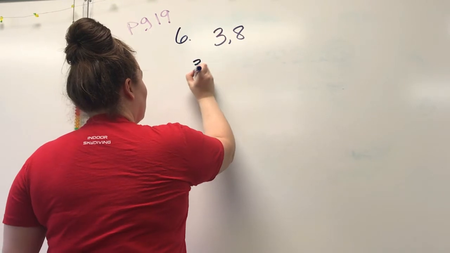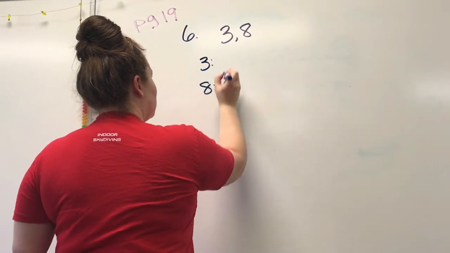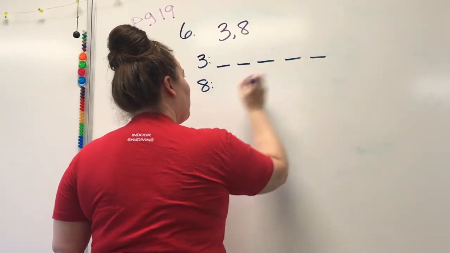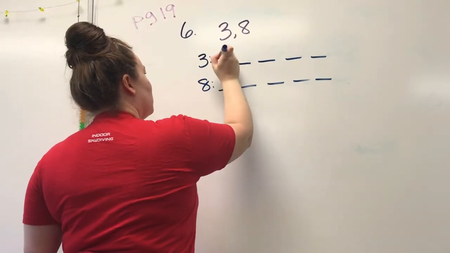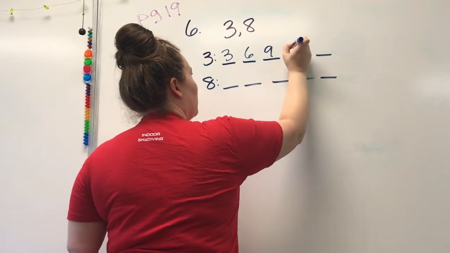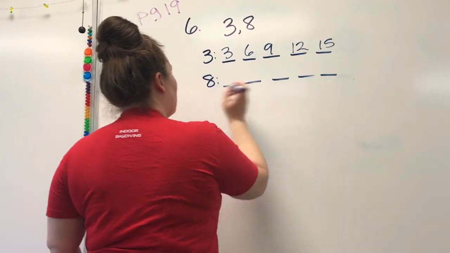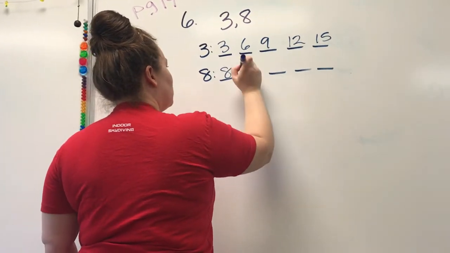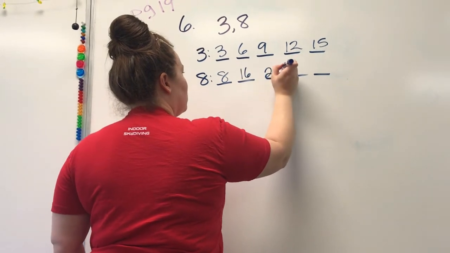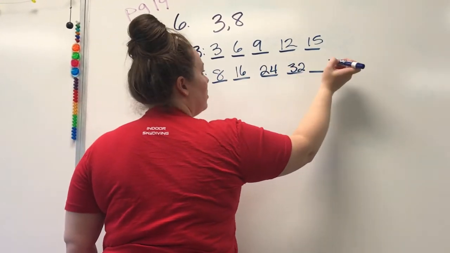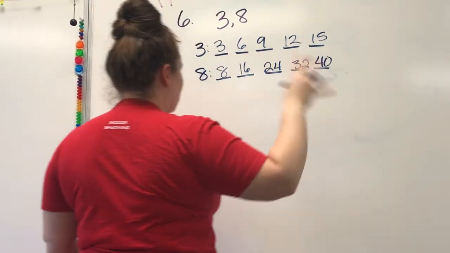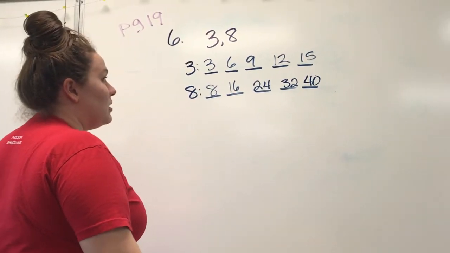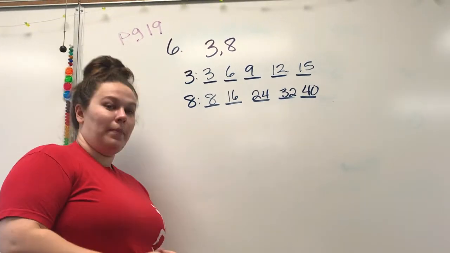So, 3, 8, 1, 2, 3, 4, 5. 3 times 1, 3, 6, 9, 12, 15. 8, 16, 24, 32, and 40. Sorry. Brain stopped.